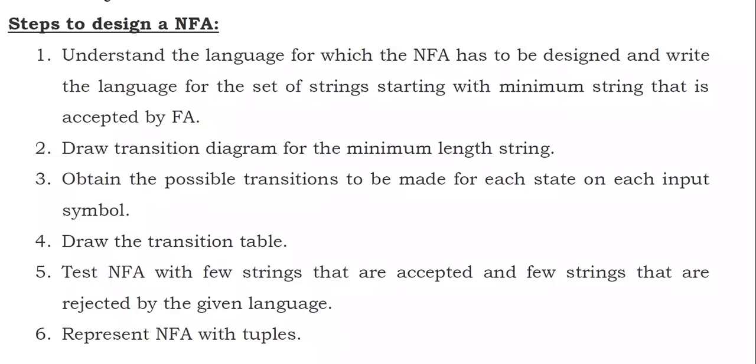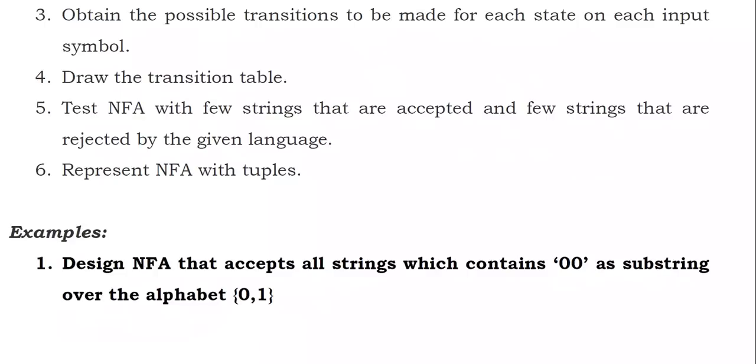Now we will see one example so that we will get clarity on how to design the NFA. Here I am taking an example. Design an NFA that accepts all strings which contain 0, 0 as a substring over the alphabet sigma equal to {0, 1}.